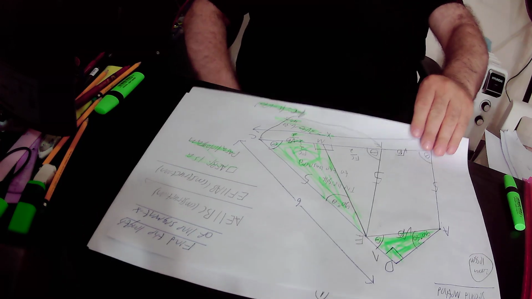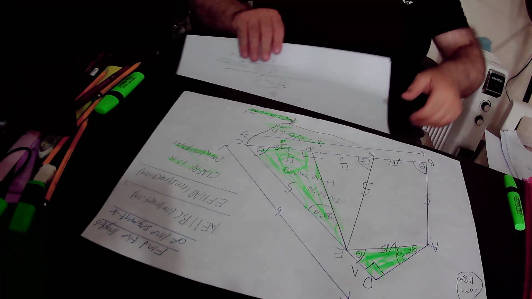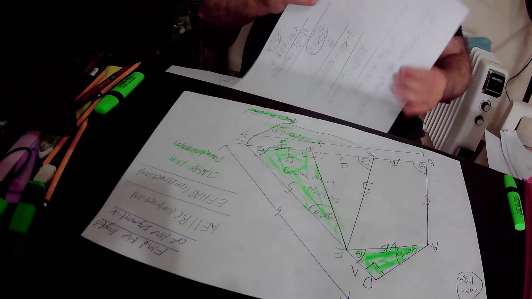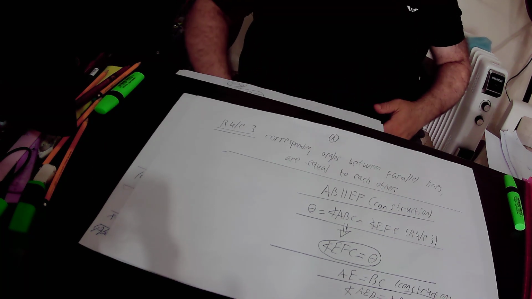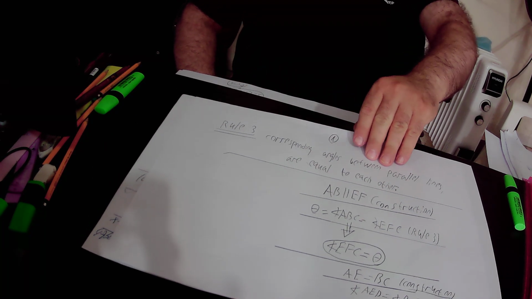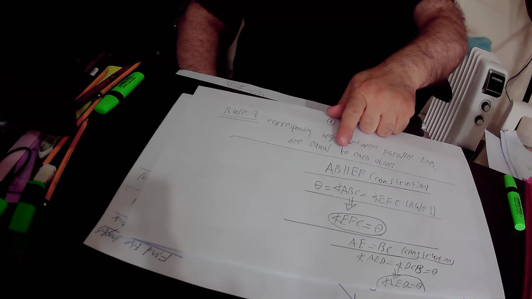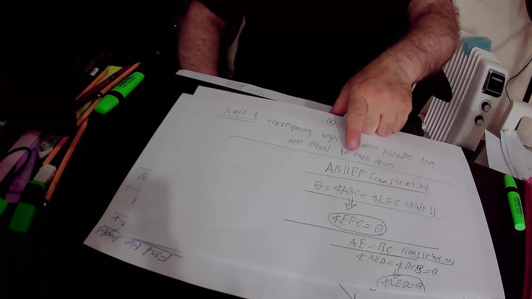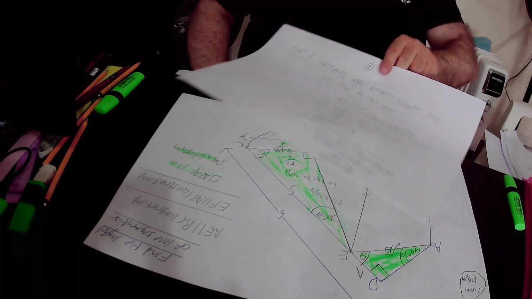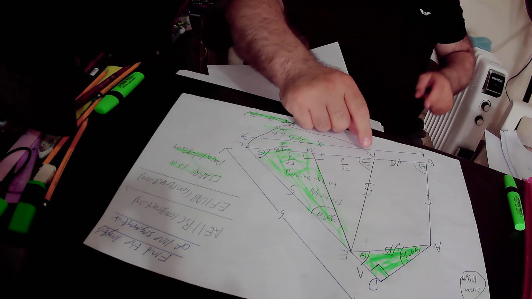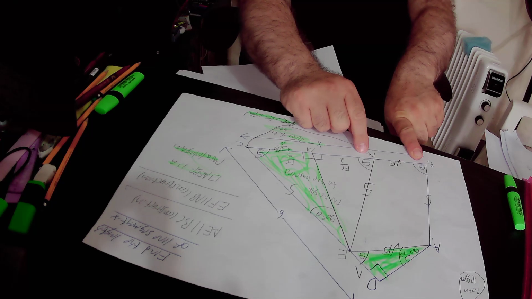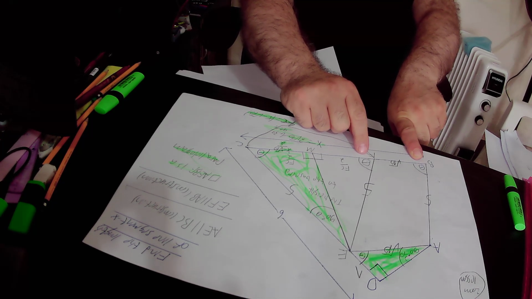Then I presented to you rule number 3. According to rule number 3, corresponding angles between parallel lines are equal to each other. According to our construction, AB is parallel to EF. Therefore, those two angles that are defined as corresponding angles and are located between the parallel lines AB and EF will be equal to each other.